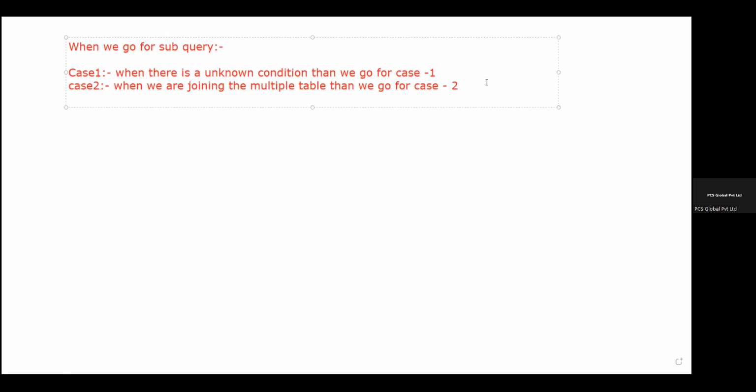Okay, then case 3.1. Whenever we are filtering the n maximum and n minimum, then we go for case 3.1.